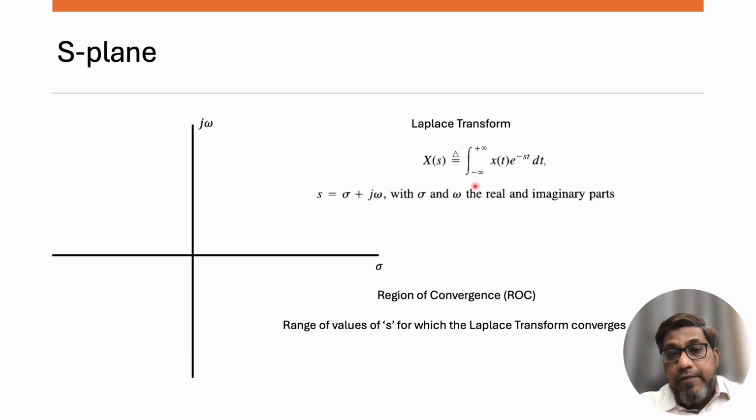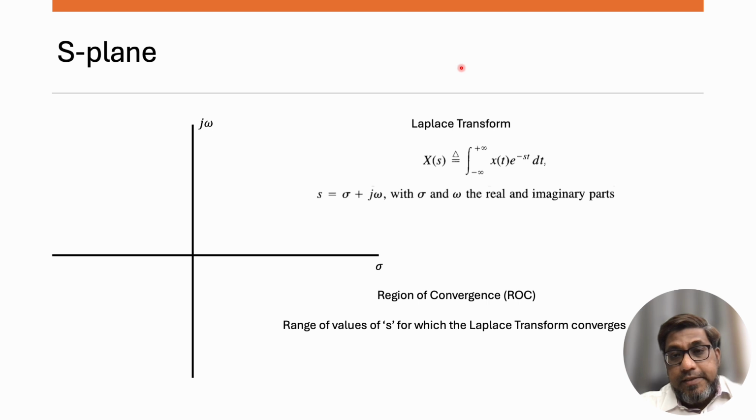And for a given function, the Laplace transform integral may not converge in the entire s-plane. It might have specific regions within the s-plane where the integral converges. For regions outside that region, the integral may not converge. So the region of convergence is basically the range of values of the complex variable s for which the Laplace transform or the Laplace integral converges.